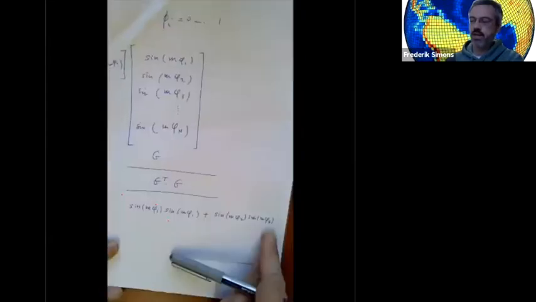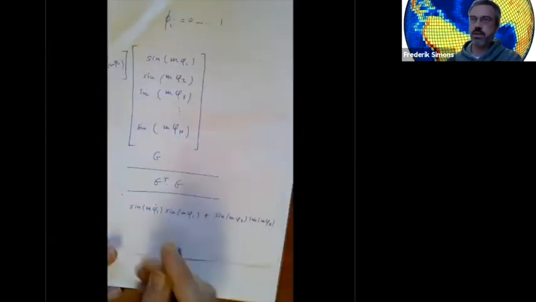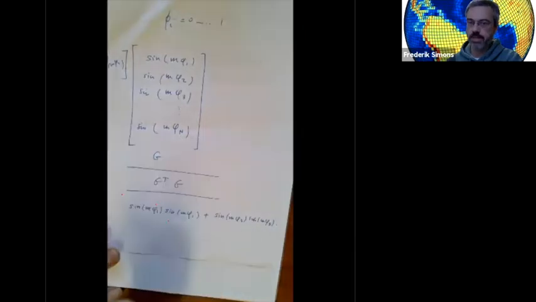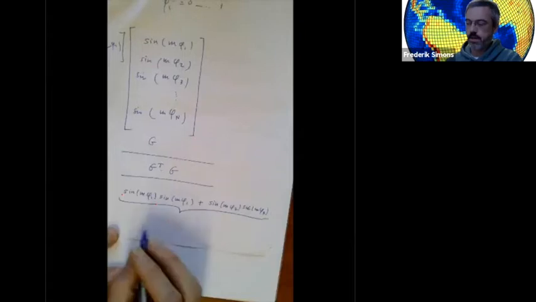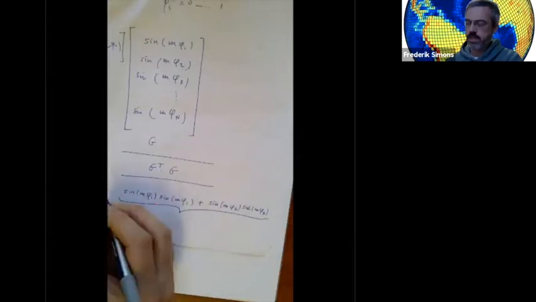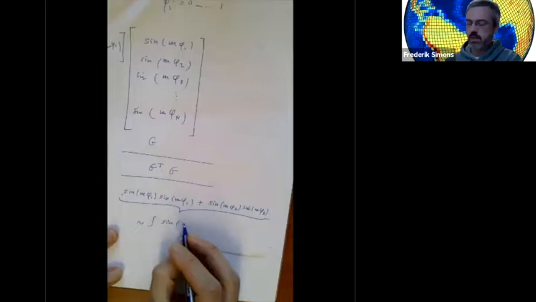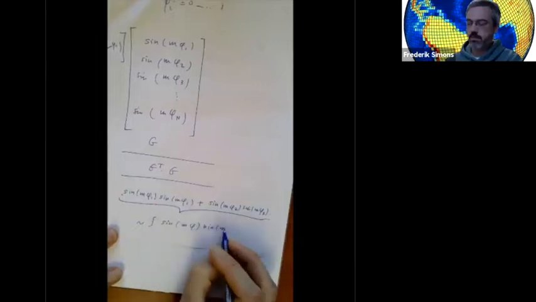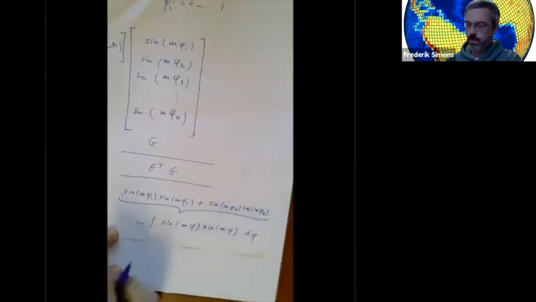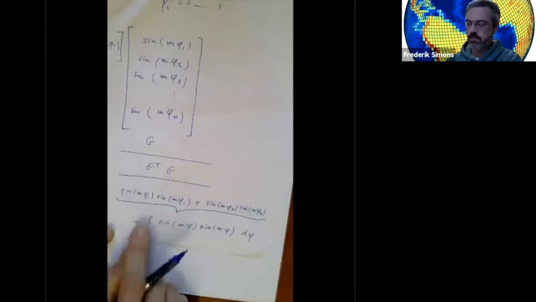If phi 1, 2, 3, 4, 5 is just a discretized time axis or space axis, then I want you to see that this is proportional to the integral of sine m phi times sine m phi over phi, because the integral is like the sum, never mind the interval.